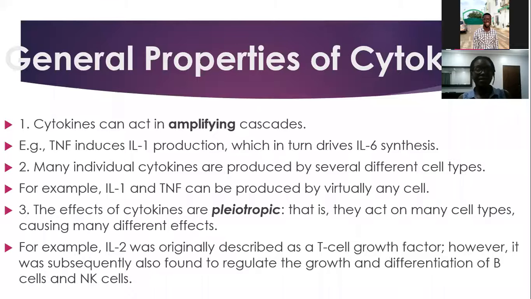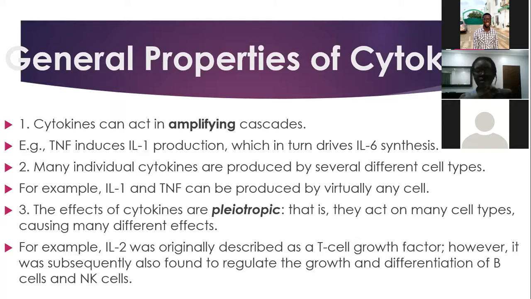Okay, so I said that they amplify the action of small molecules. So for example, in septic shock, you have the lipopolysaccharide complex, which produces interleukin 1 in small amounts, and then it produces larger amounts of interleukin 6 and 8, and further.